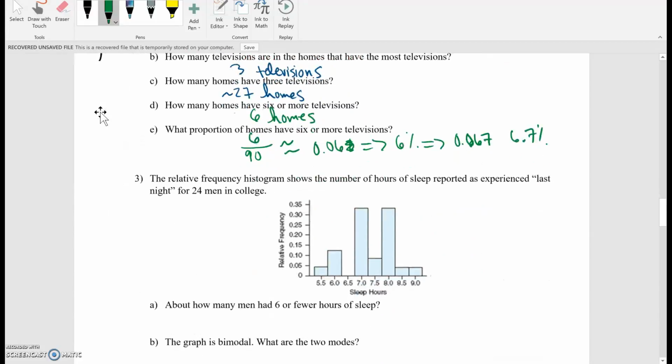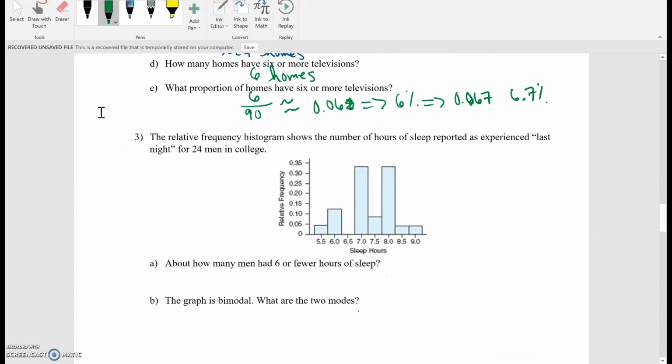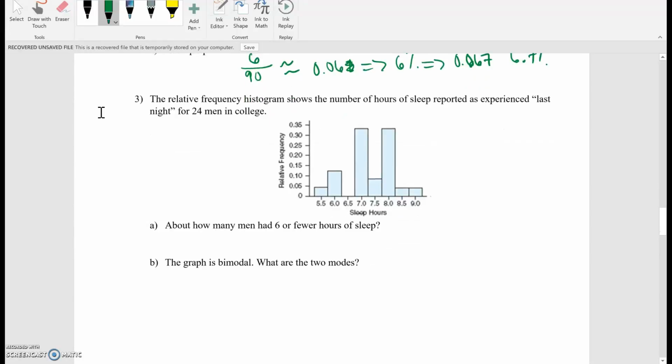Let's just do this last one. The relative frequency histogram shows the number of hours of sleep reported last night for 24 men in college. This tells you about how many hours of sleep these men had, and relative frequency means these values are not the number of people, but already divided.